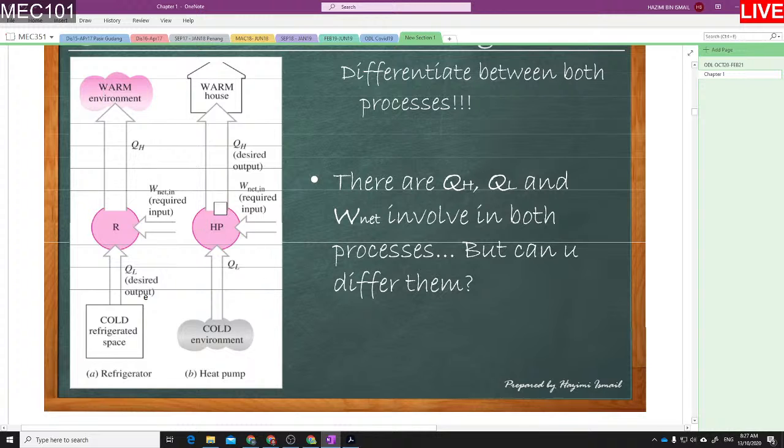Okay, the same as heat pump. So that is why your refrigerator in your house, and the air conditioner in your house or in your car, need energy. In the house, the energy we need is in the form of electrical energy.